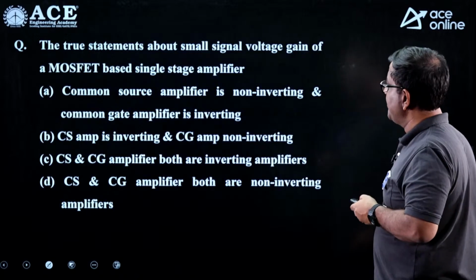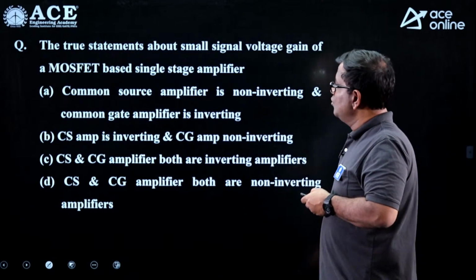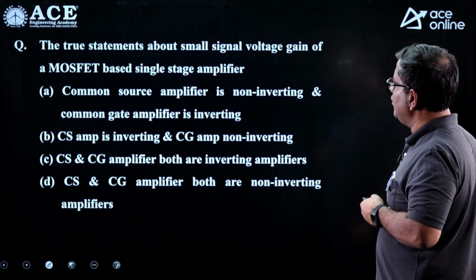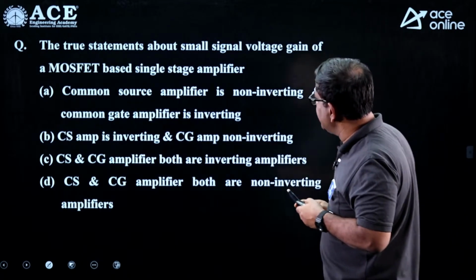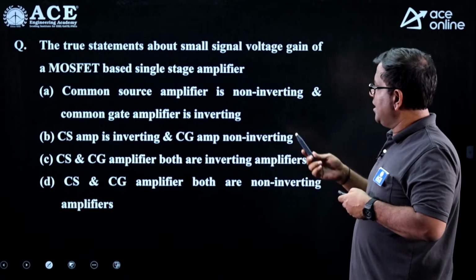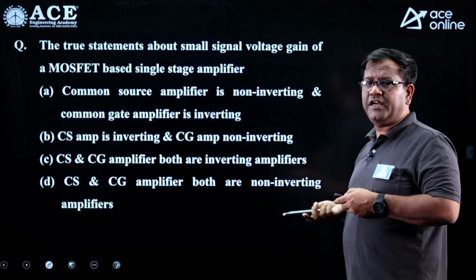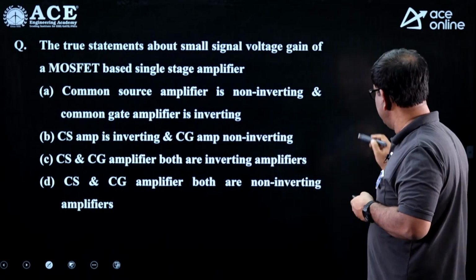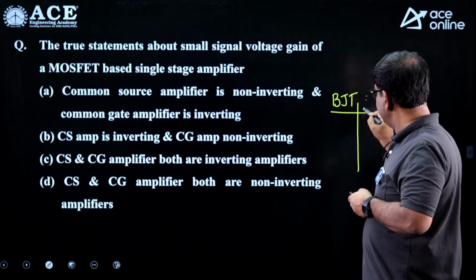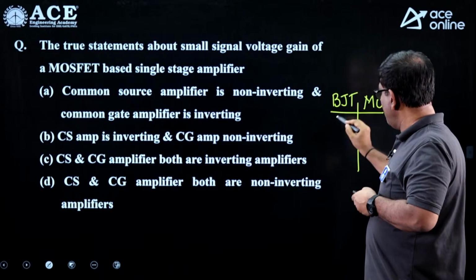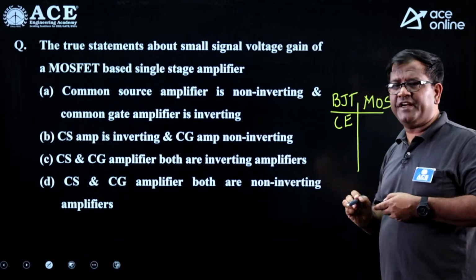Next, the true statements about small signal voltage gain of a MOSFET based single stage amplifier are given. So you are asked to find which one is inverting and which one is non-inverting. Very simple question. We all know in a BJT and MOSFET, only the common emitter amplifier will give 180 degrees phase shift.